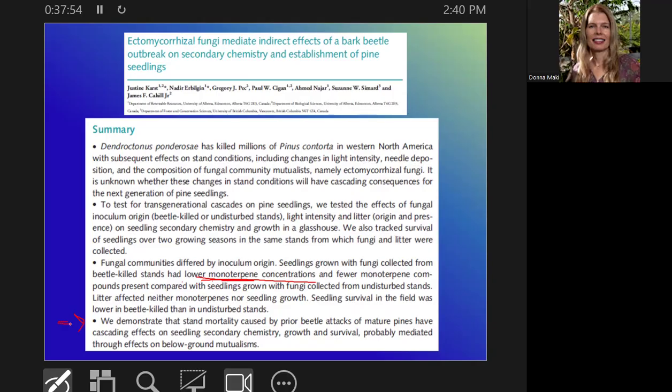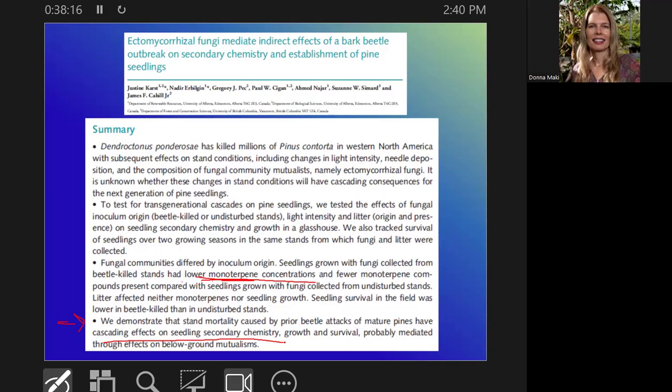So they were showing that the stand mortality caused by prior beetle attacks has cascading effects on the next generation, the seedlings that grew after that initial attack. Their chemistry shifted, as well as their growth and survival.